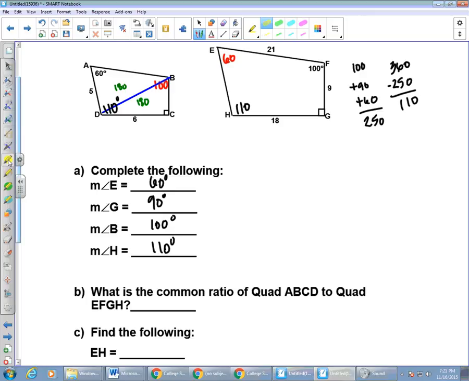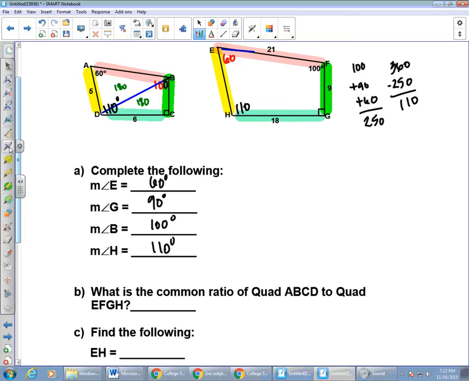All right, so AD will correspond to EH. AB will correspond to EF, and BC will correspond to FG, and DC will correspond to HG.